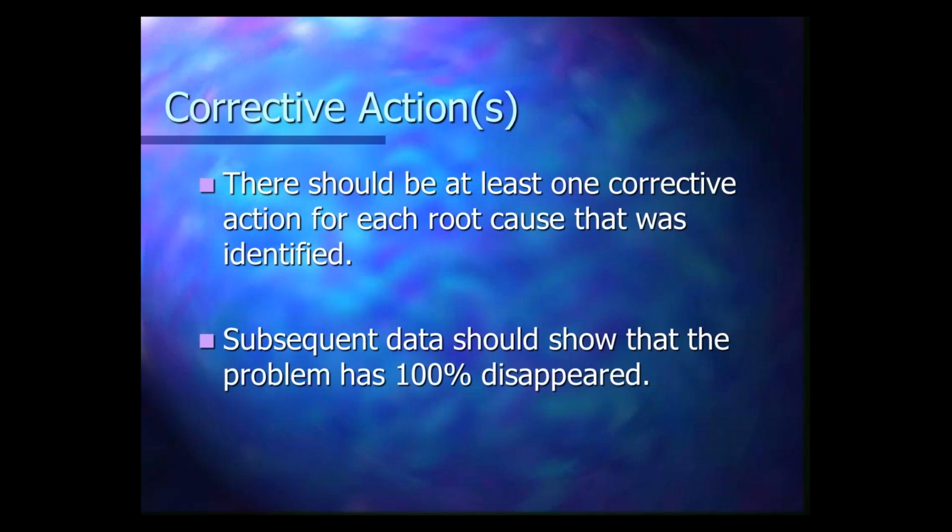Sure enough, we took that as our root cause, and to address that root cause, we had a packaging engineer re-engineer the packaging so you couldn't stuff a left-hand part into a right-hand box and vice versa. And we saw that the problem did in fact 100% disappear. We had turned it off like a light switch. We knew we had the true root cause.